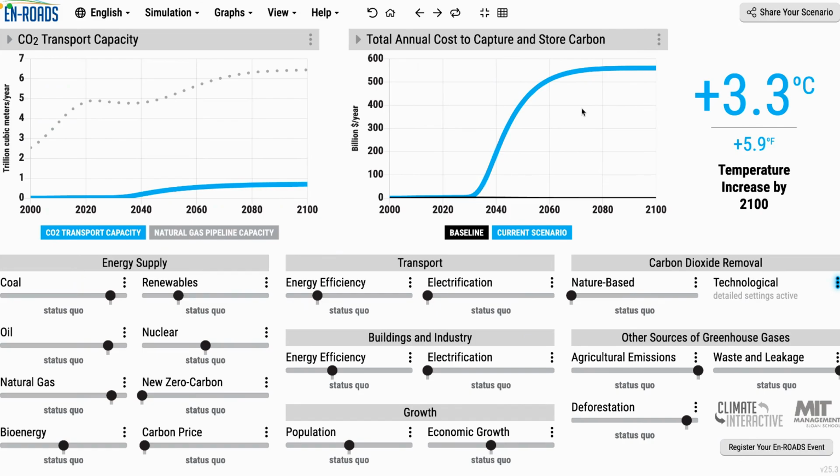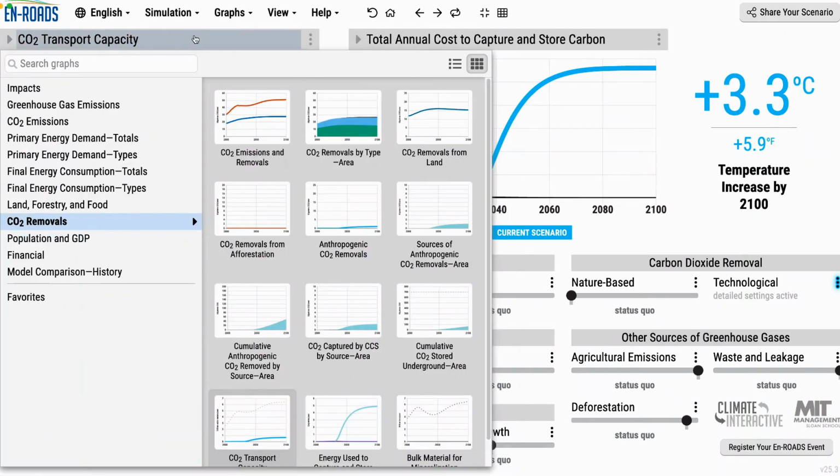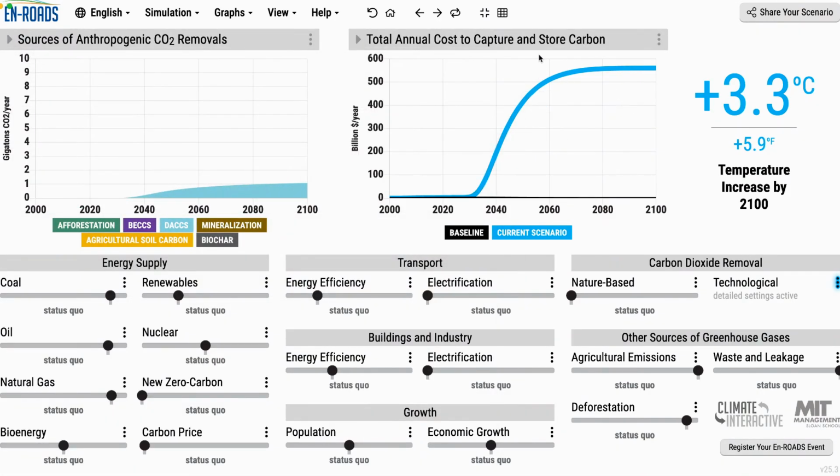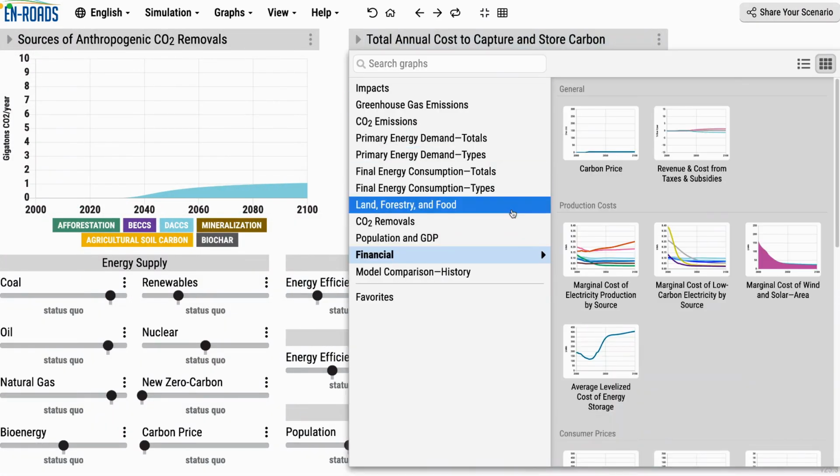And the final is the storage leak rate. I'll have you notice that the total removals here is actually larger than what is captured in the long term, or different from what's captured in the long term.